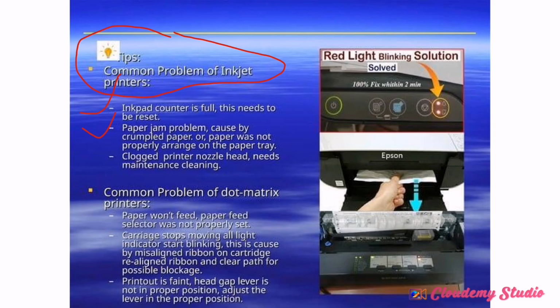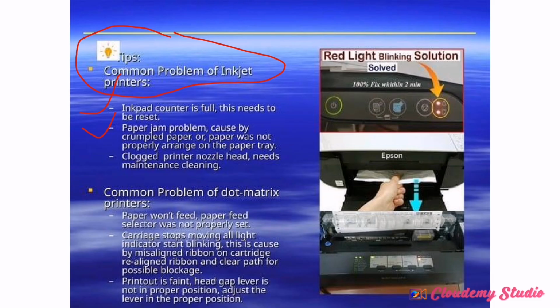As a result, it has a jam inside and has not managed to come out fully. So it's going to show a notification of a paper jam. You will need to open the covers nicely, then pull it out. That is the paper jam.